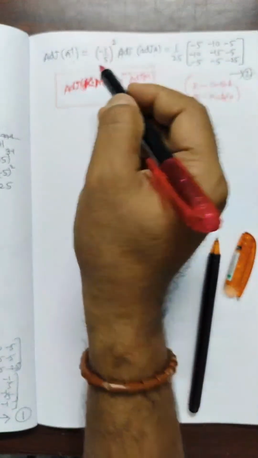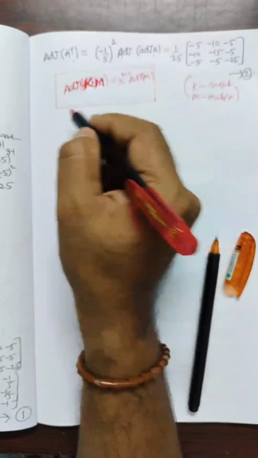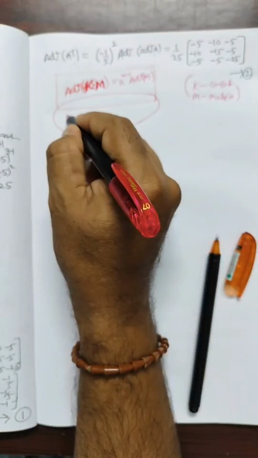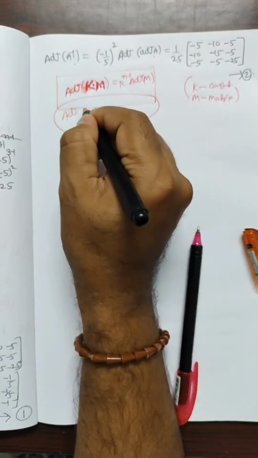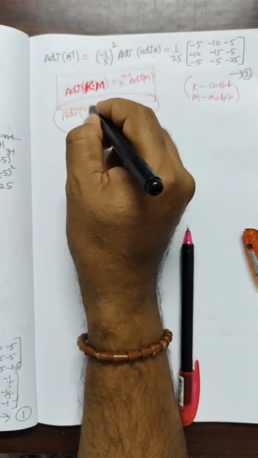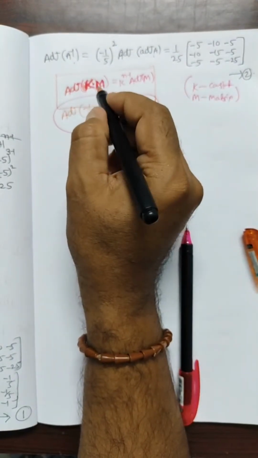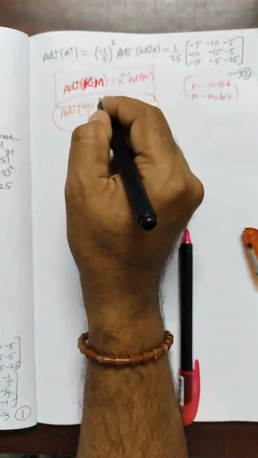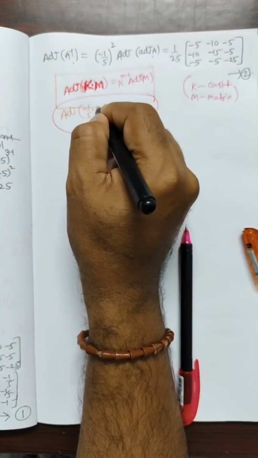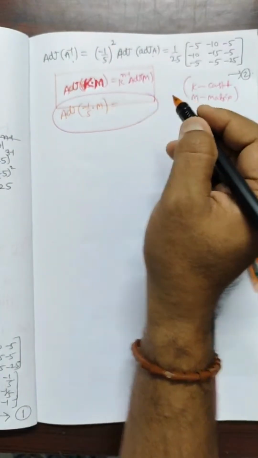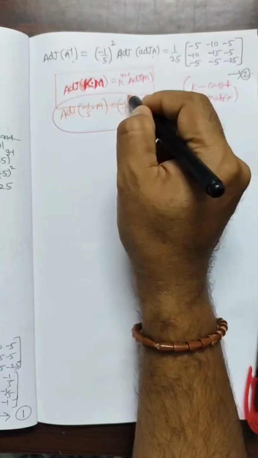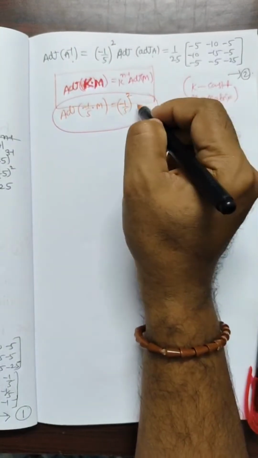So here, in place of M, I have to write A inverse. So now adjoint of minus 1 by 5 into, this is A inverse, this matrix, M is equal to minus 1 by 5 whole power, this is third order, no, 3 minus 1 is 2 will come.